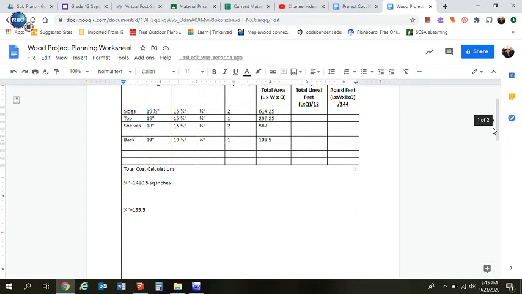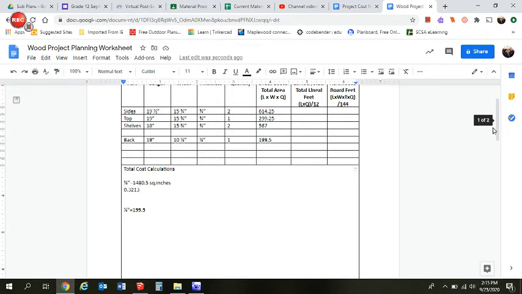So 1480.5, we're going to divide that by 4608, which then equals 0.3213, and I'm going to round it to 4 decimal places. Now if we times that by 100, we would end up showing that we're using 32% of our sheet of plywood.